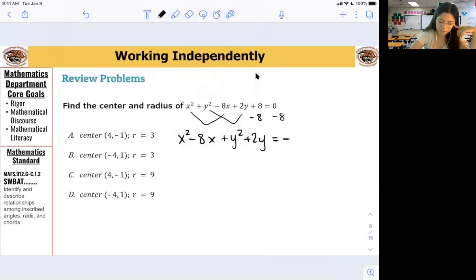So all of this equals -8. Then what do I do? What's the next step in the process?